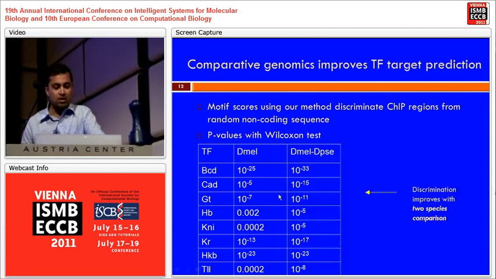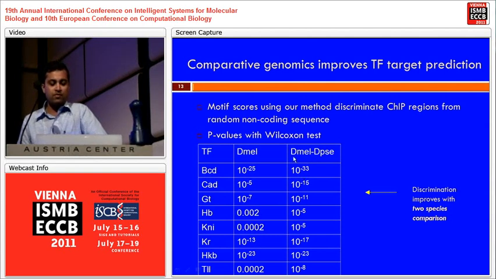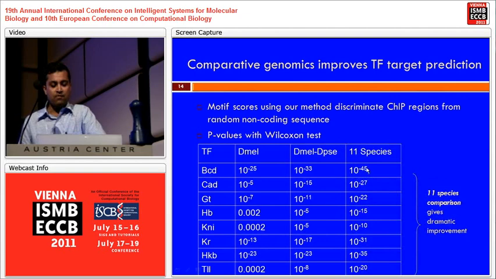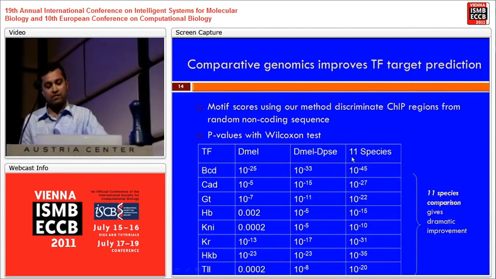But importantly, if you do the exact same thing with motif scores coming from 2 species comparisons, you see a clear improvement in the discriminative ability, in the agreement between ChIP data and motif-based scores. And when you do the same using the phylogenetic weighted averaging from 11 Drosophila species, you see a very spectacular improvement in that discriminative ability.